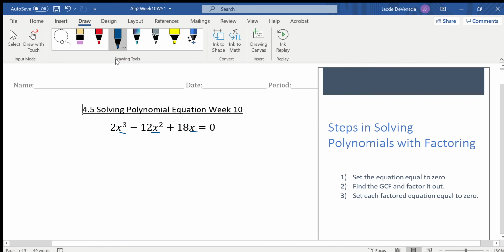Okay, so we're going to factor out the 2x, and by factor out, we mean divide each of the parts. So if we have 2x to the third, if we divide 2x from that, the 2's cancel out. And remember, when we're dividing exponents, we're actually subtracting them. So you're going to get x squared.